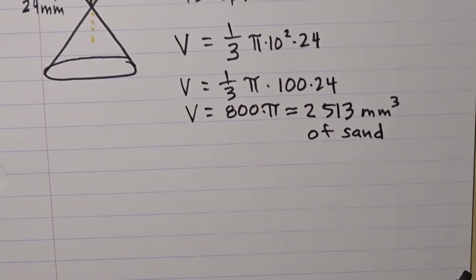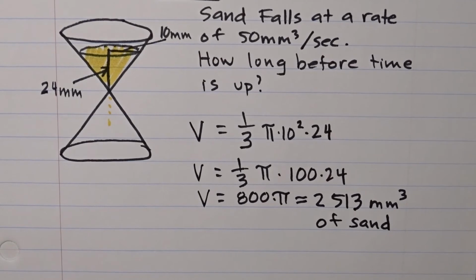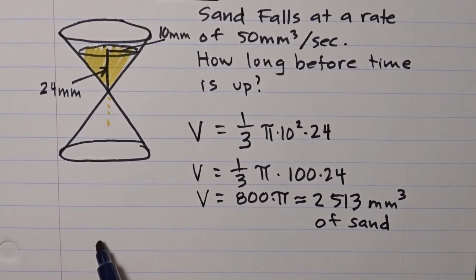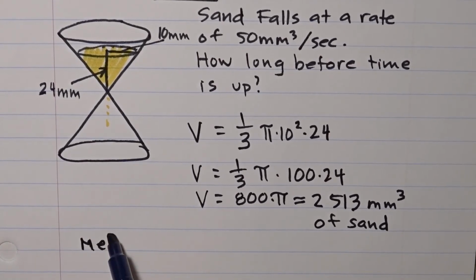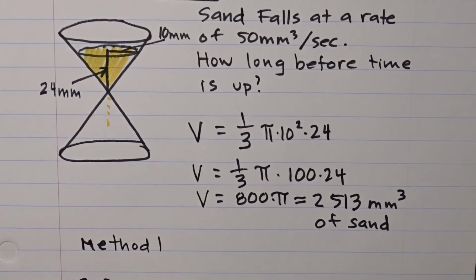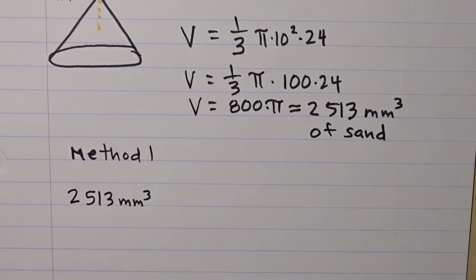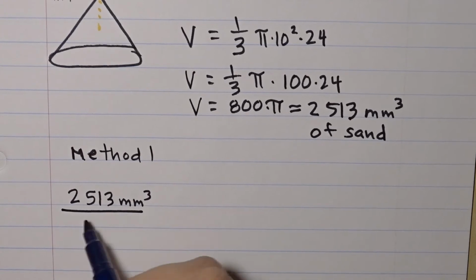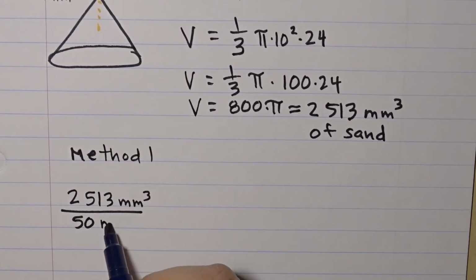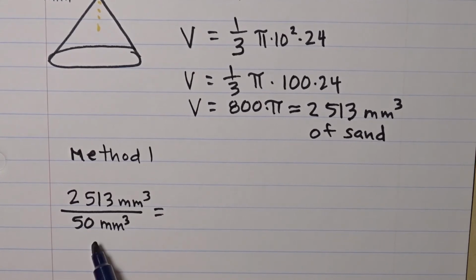So there's two methods you can do this. Some of you already know to go quick to division, and that's perfectly fine. So you just tell yourself, method 1. Well, I know I have 2,513 millimeters cubed. And you want to know if you divide it by 50 millimeters cubed, every 50 is 1 second.